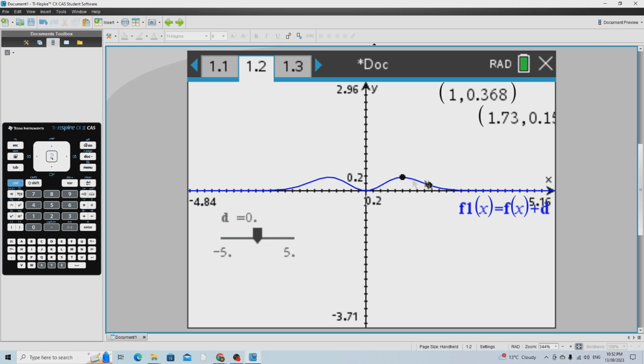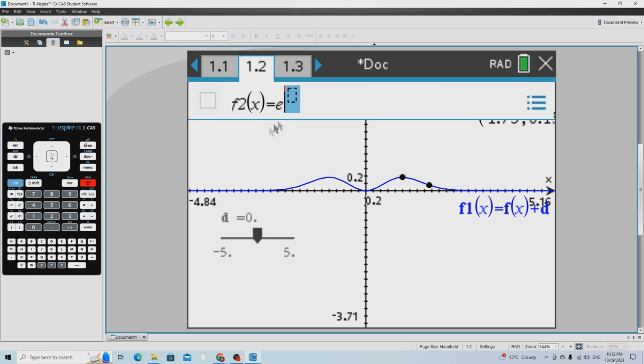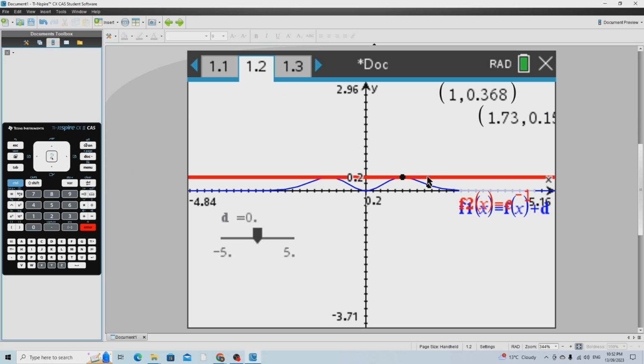This is what our graph of f is, and the tangent at x equals -1, which we've already calculated, is e to the -1. We want to find this area that's enclosed, which is over here.